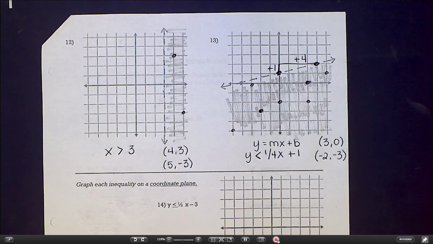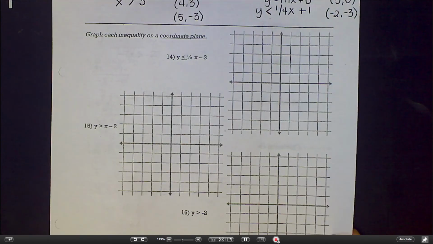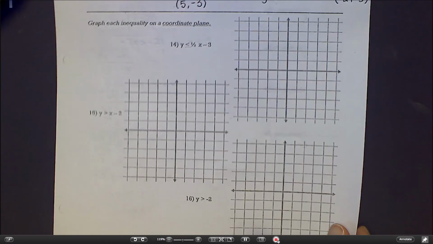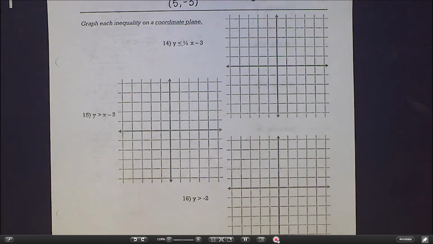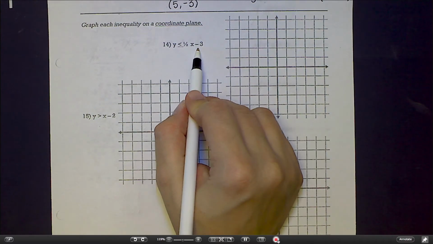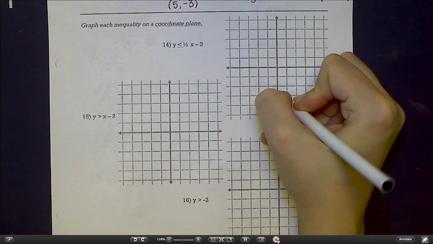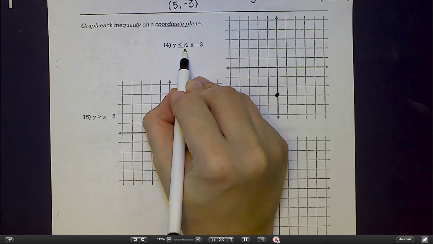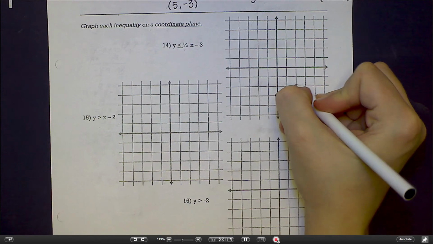Okay, let's look at the bottom ones, 14, 15, and 16. This is where we're drawing our own graphs of inequalities. So, number 14, y is less than or equal to 1/2 x minus 3. I'm going to start at my y-intercept, which is negative 3. My slope then is 1/2, so that tells me from here to go up 1 and over 2.